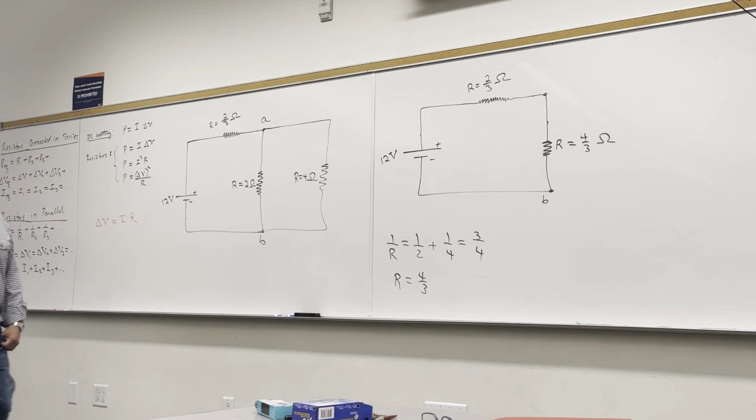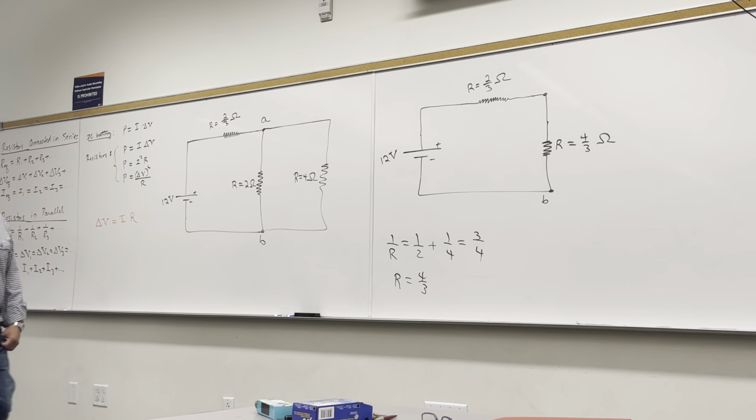Now I have 1 battery with 1 resistor connected across it. So the voltage across that resistor is how many volts? What's the voltage across this resistor? 12 volts. And from my master equation, if I know any two of the three quantities, I can figure out the quantity that I'm missing.